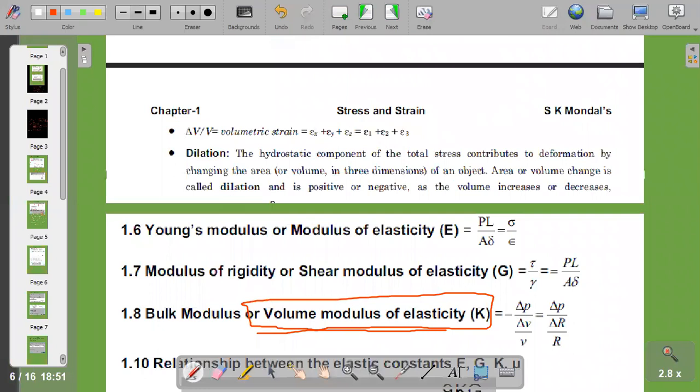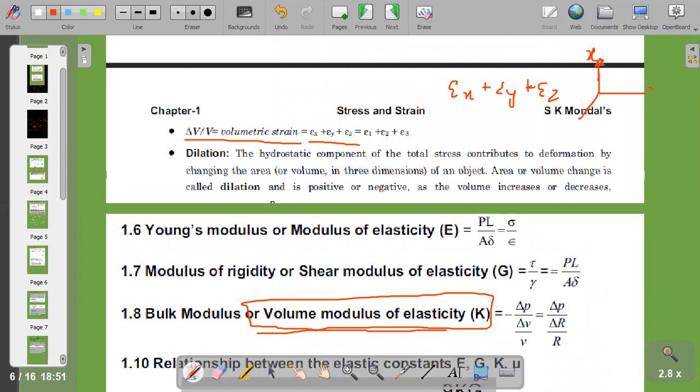Delta V by V, volumetric strain, consists of all the axes. I said it before: a strain in x direction, a strain in y direction, and a strain in z direction, in all three directions, in the coordinate system.